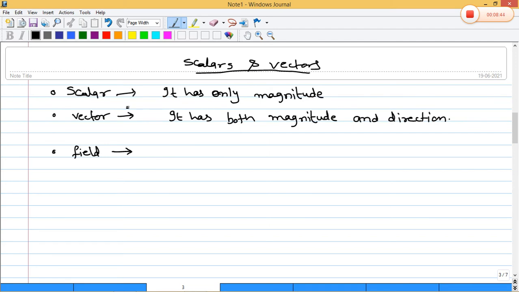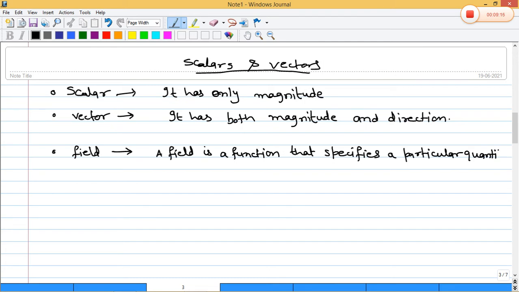What is a field? A field is a function that specifies a particular quantity everywhere in a region.